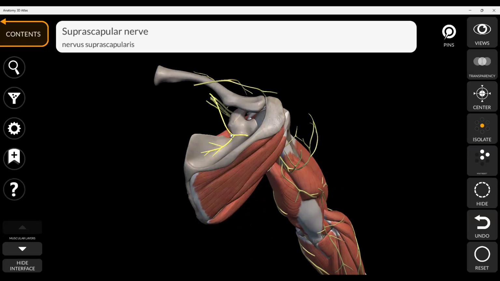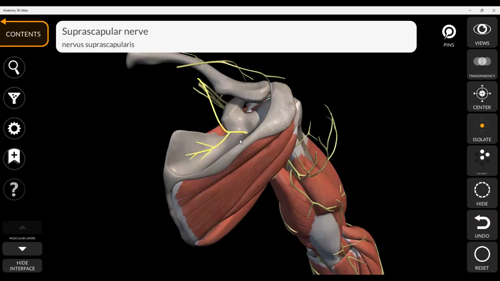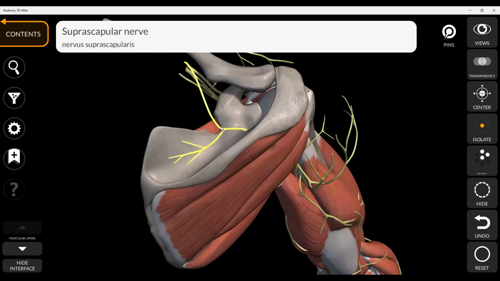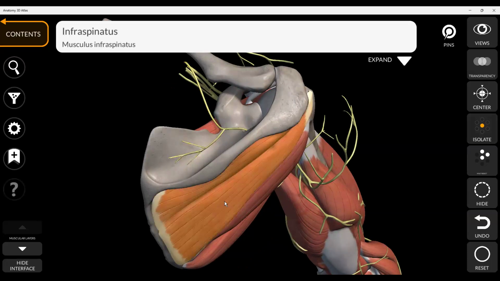There is the suprascapular nerve. So the suprascapular nerve is one of the important supplies of the shoulder joint. I have told you in previous days, in most cases we used to block the suprascapular nerve. Remember, this suprascapular nerve has motor branches as well as sensory branches to the shoulder joint. So it gives a motor branch to the supraspinatus as well as the infraspinatus. So let us hide the infraspinatus.